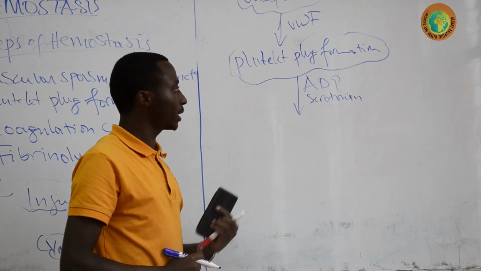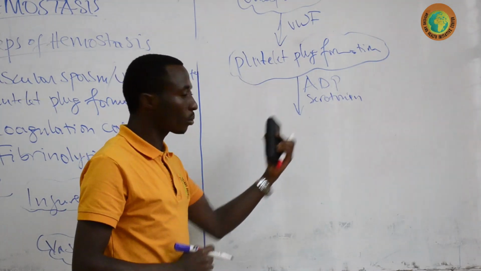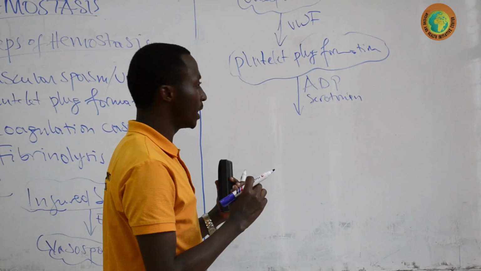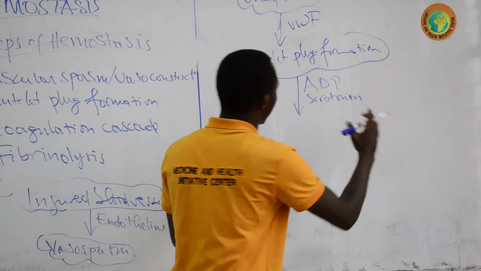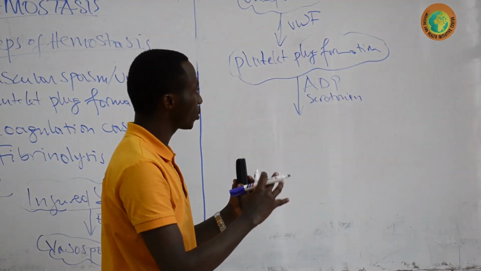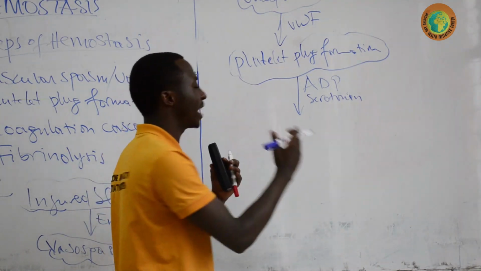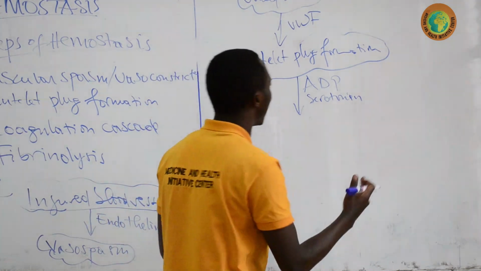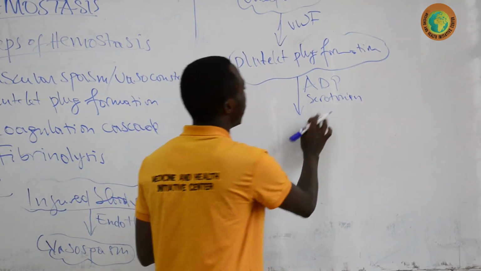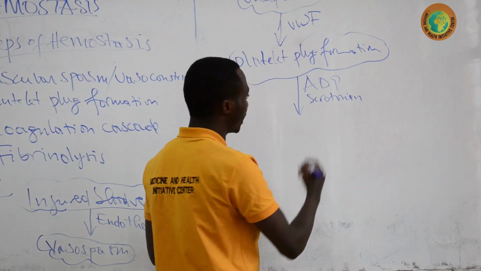This vasoconstrictor is secreted to make the blood vessels, especially near the site of injury, more contracted and so prevent further blood loss.